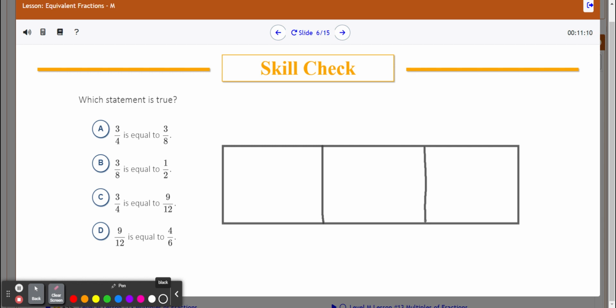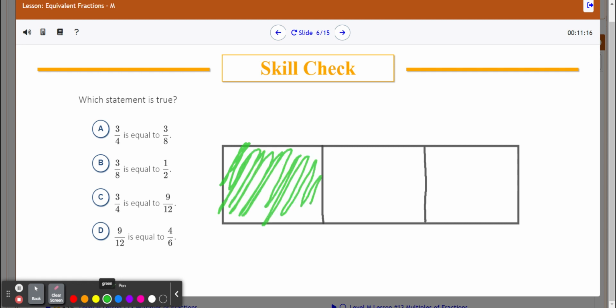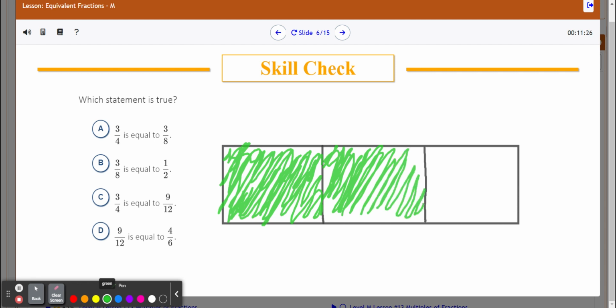Let's say I'm going to color 2 of them green. Don't worry if it goes a little outside the line. It's okay. 1 piece is green and 2 pieces are green. Just like that, okay?